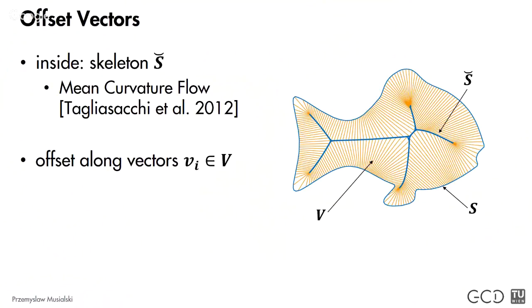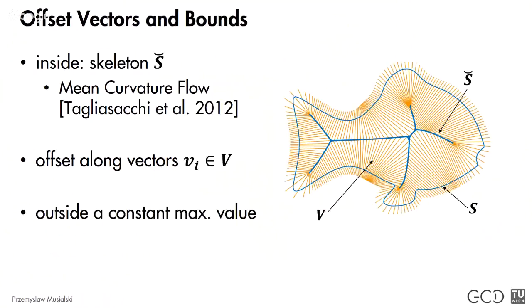The good thing is, since we derived the skeleton from the original input surface, we have a one-to-one correspondence of the shrunk vertices and the original vertices, and this gives us a very smooth vector field, which is even much better in our case than, for example, a normal vector field, because it's low frequency and much more smooth, so we don't have high frequency fluctuations in high detail regions of the shape. Okay, and what happens to the outside?